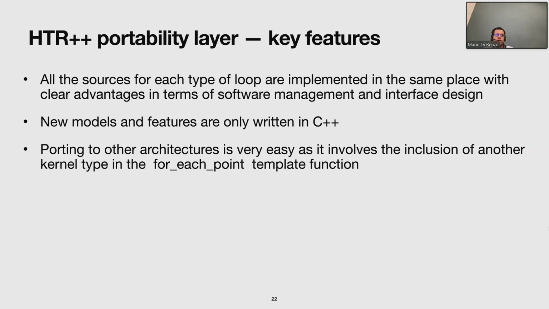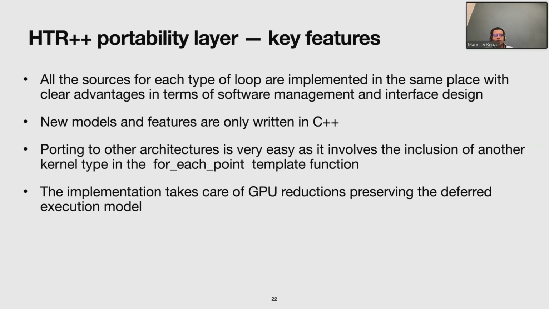We can easily port the code to different architectures by simply specializing this template function to produce a different type of kernel. And we also take care automatically of things like GPU reductions or other common patterns that we have in HTR, while preserving, for instance, the deferred execution.